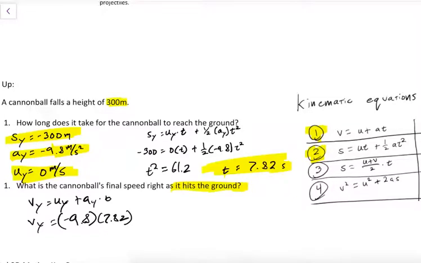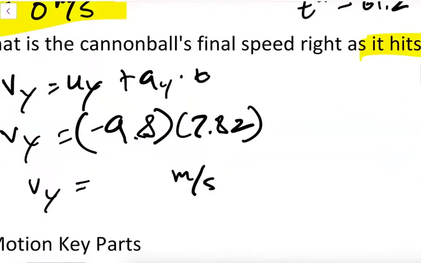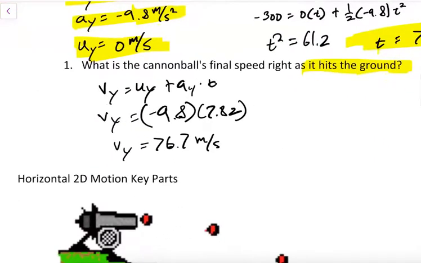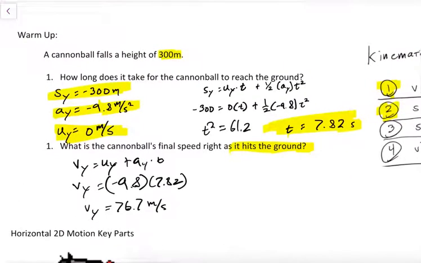So 7.82 seconds times g, and that's 76.7 meters per second. That's a 7, let me improve that. Meters per second.